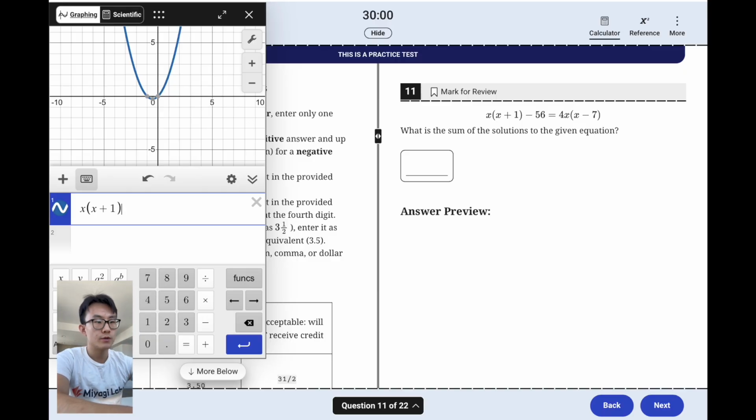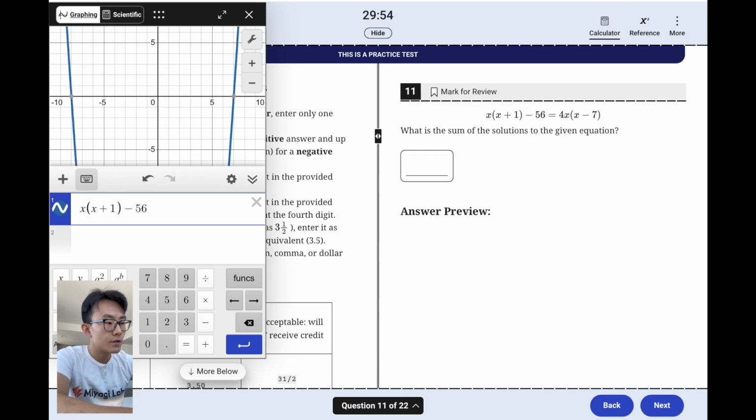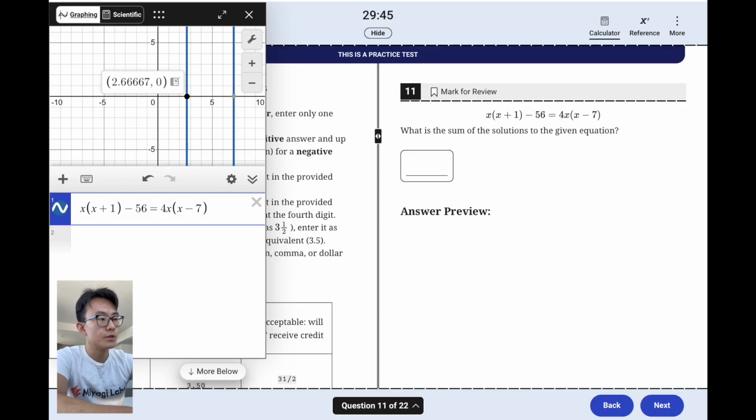Or we could also solve it from a quadratic, but that doesn't seem fun. Minus 56 equals 4x times x minus 7. Okay, so it seems like the solutions are 2.667 and 7. So the sum is 9.6667.